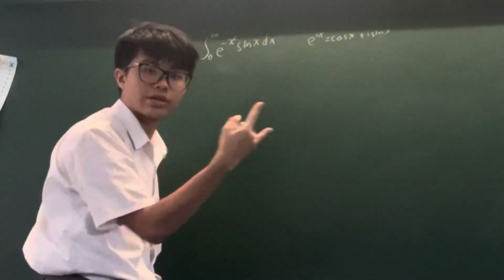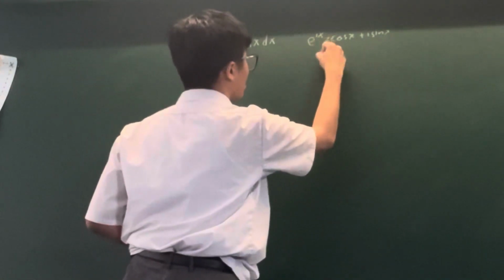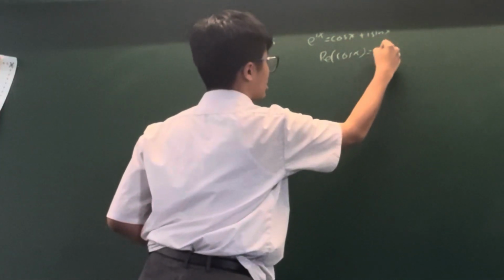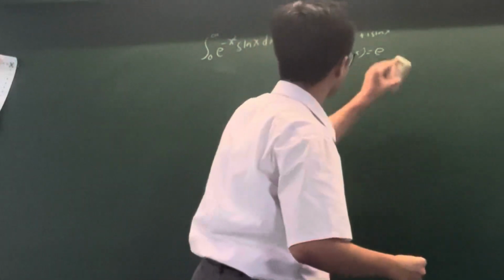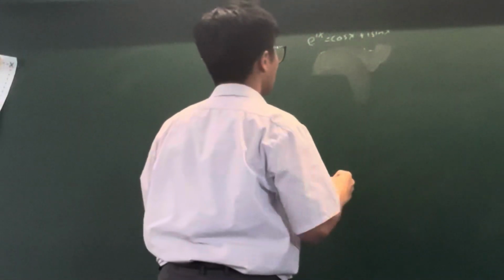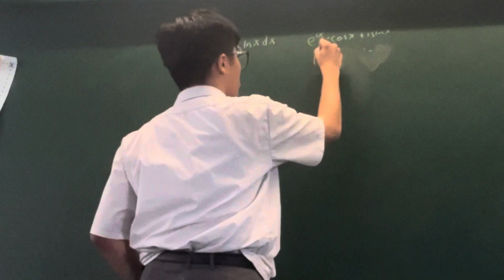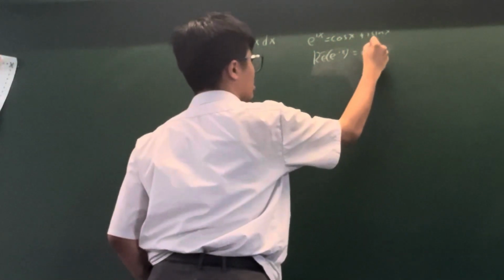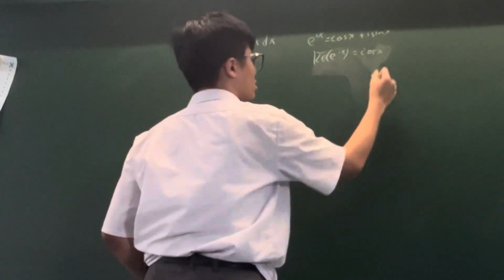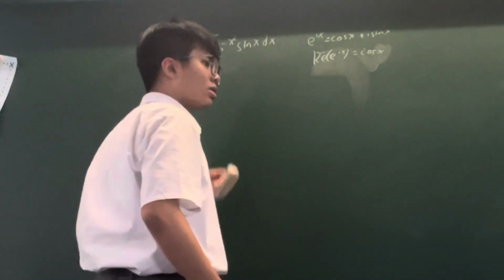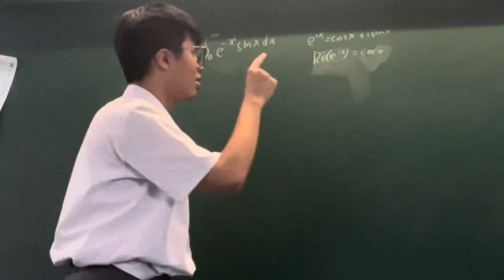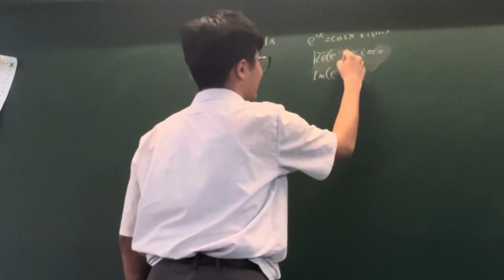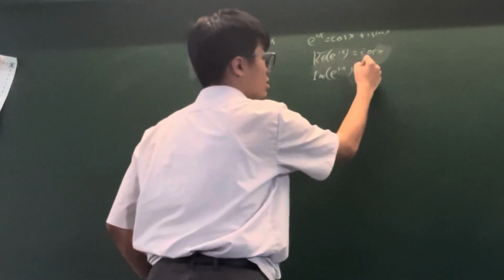Comparing the two, the real part of e to the power of ix is just cosine x, and the imaginary part of e to the power of ix is just sin x.